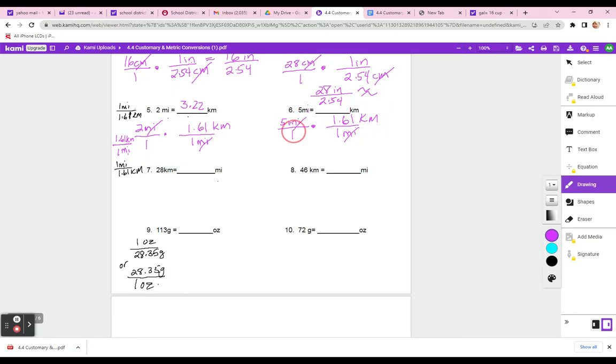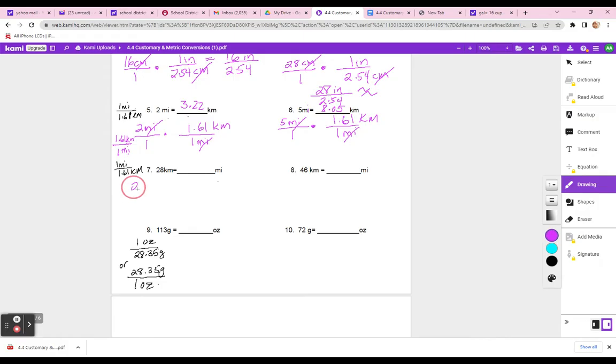The miles divide out, 5 times 1.61, and we're going to get approximately 8.05. All right, again, pause the video and try the next one on your own. Try the next 2 and then come back and check.